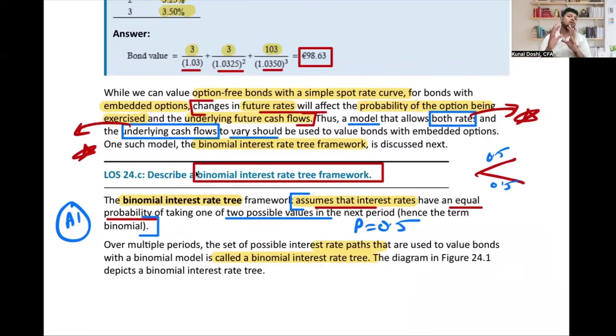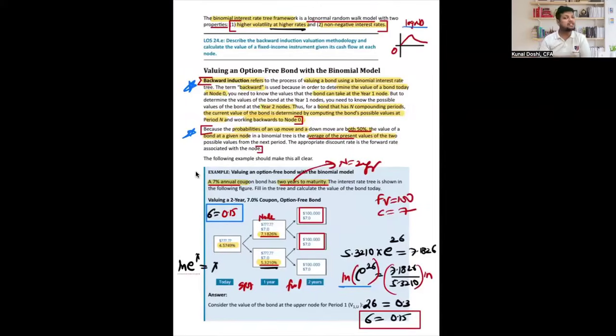We are going to do the backward induction using the binomial model. First in this topic, we are going to value option-free bonds using the nodes that they give us. We are going to do the backward induction process. Two important principles under the binomial backward induction process, which I'm now going to write down.